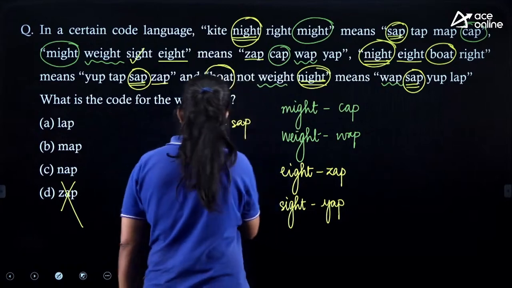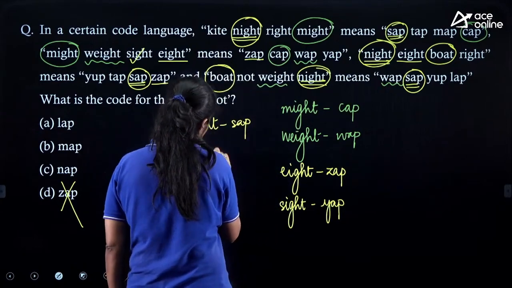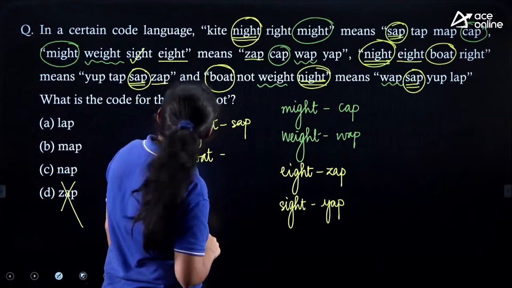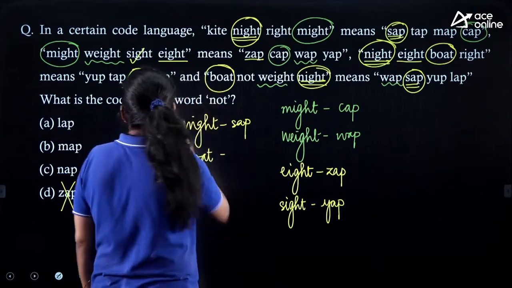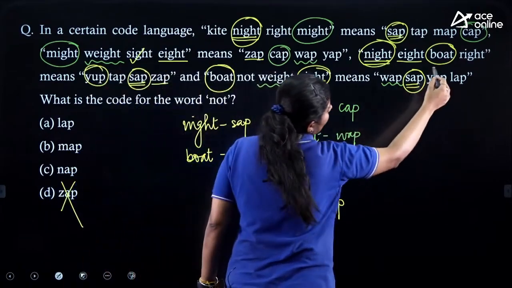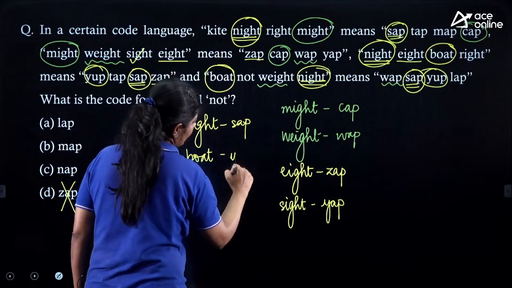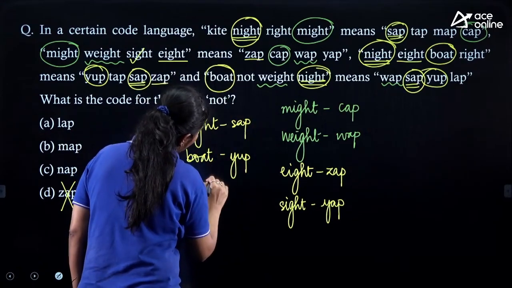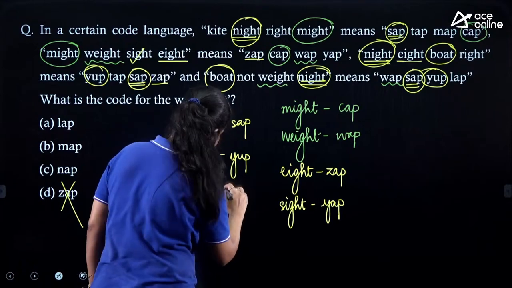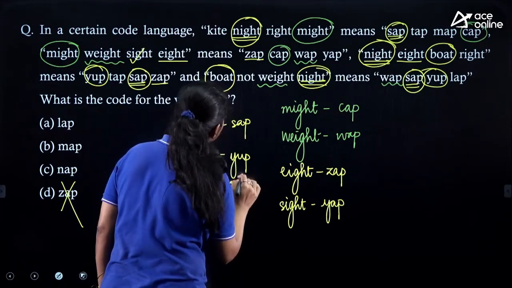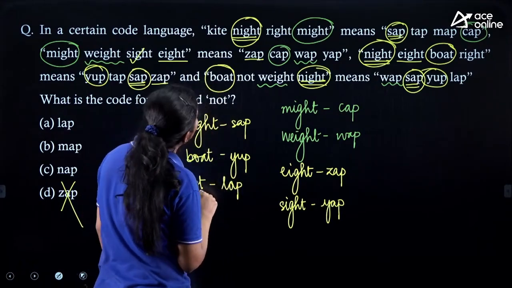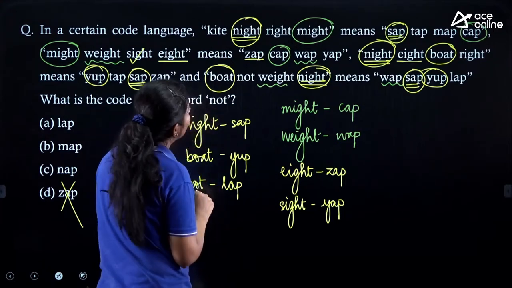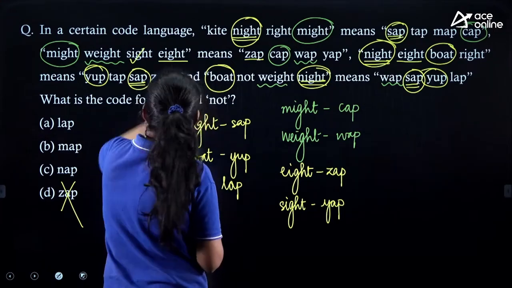Right? For the word boat, the common clue that we are having in both of them is yup. And the last one, we are only left with the word not, and the only code is lap, which is nothing but correct. And in the first one, we are left with two words, I guess, right and kite.